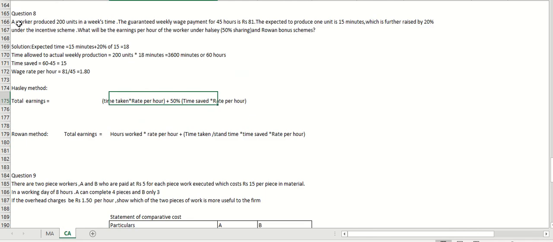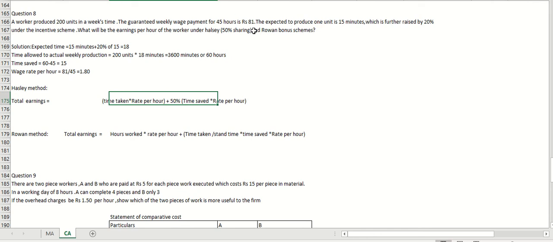Our next question: a worker produced 200 units in a week's time. The guaranteed weekly wage payment for 45 hours, which is nothing but your time taken: if the employee takes 45 hours, he's paid 81 rupees.